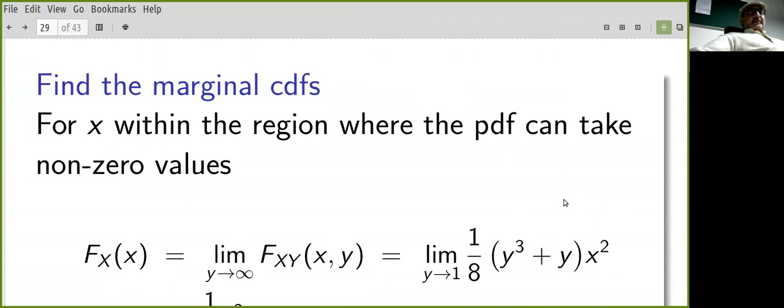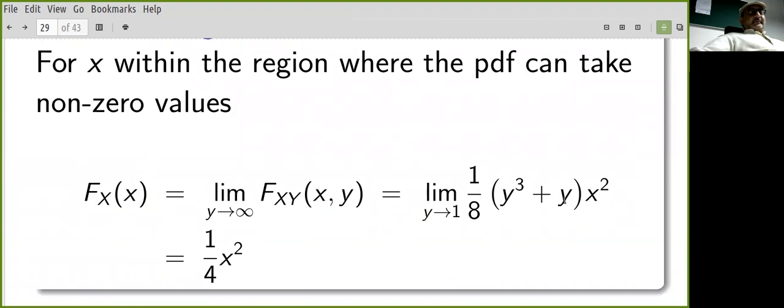Now, if you want the marginal CDFs, if you've got the joint F_XY and you just want F_X, you let y go to infinity.